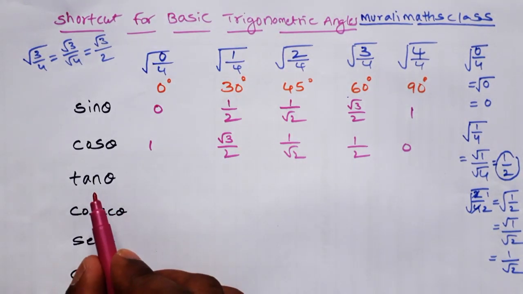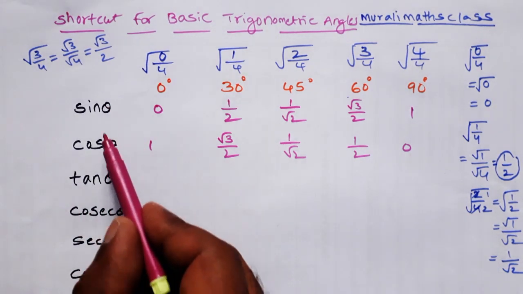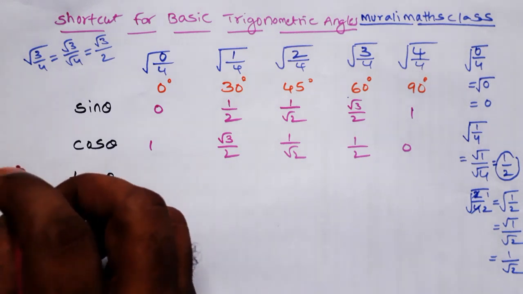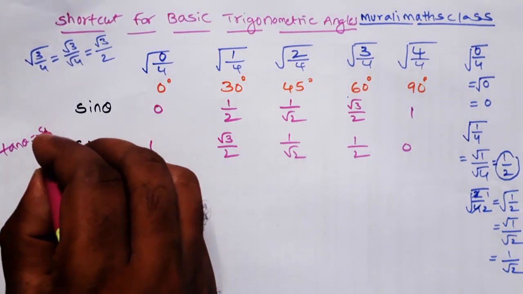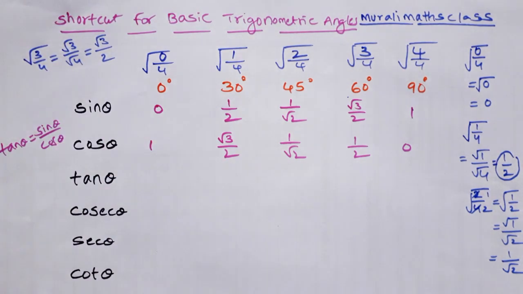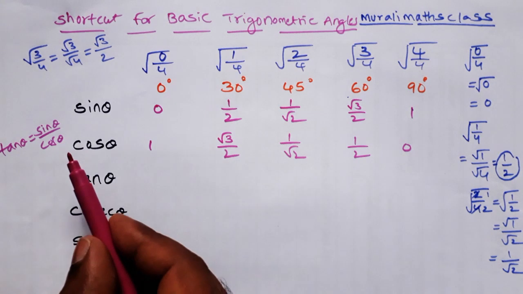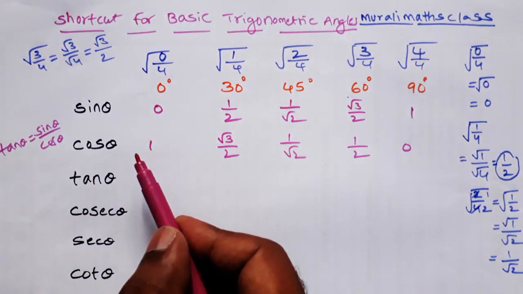Next tan. Tan is we have to divide this both. So the tan formula is this one: tan theta equals sin theta by cos theta. That is the formula. So divide this both. 0 by 1, 0.